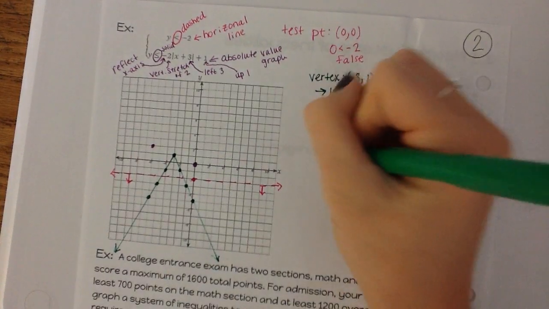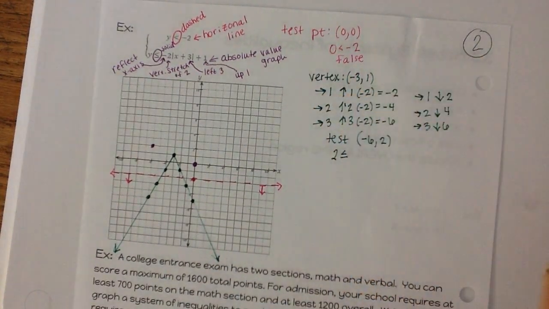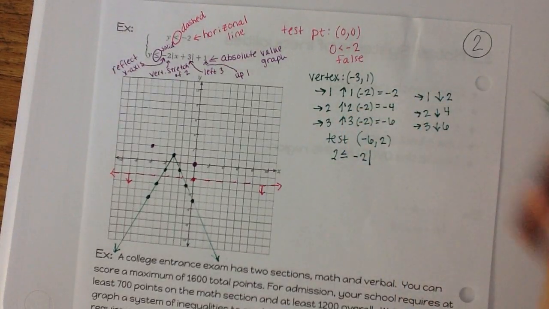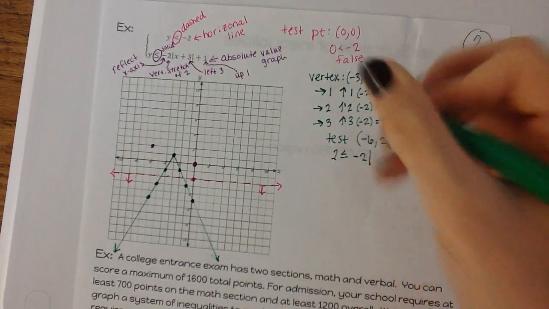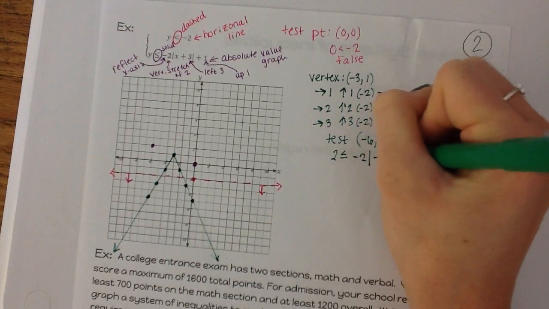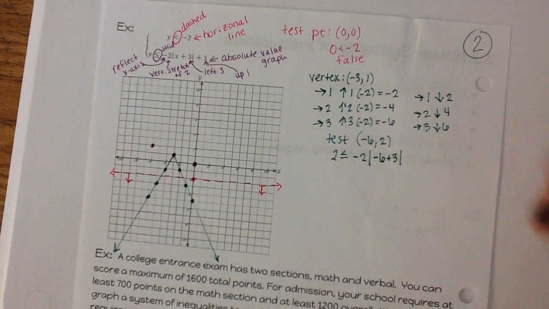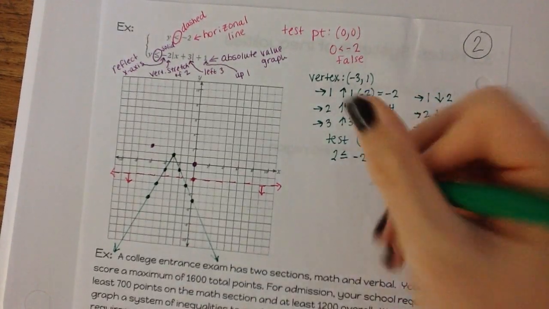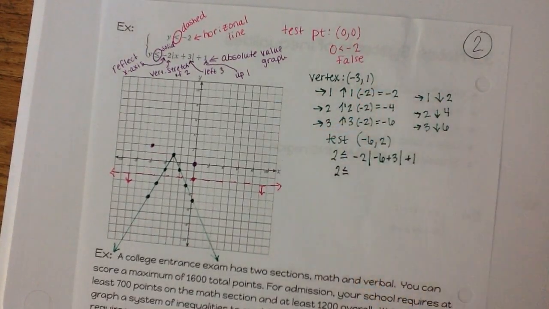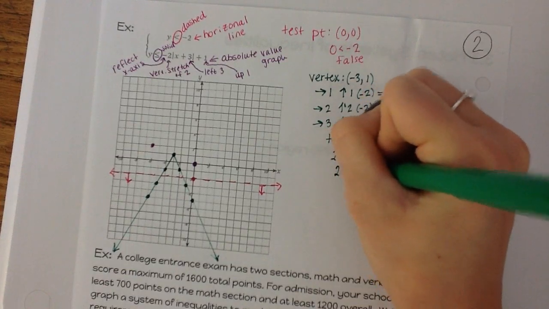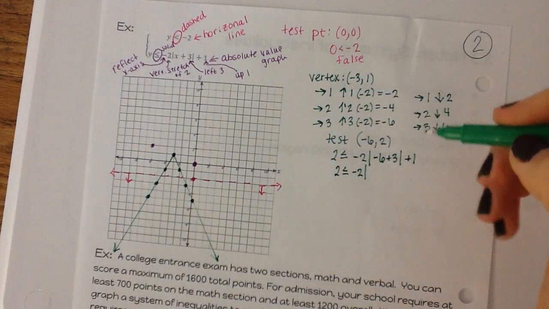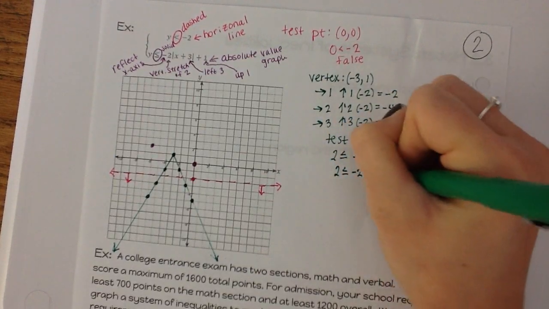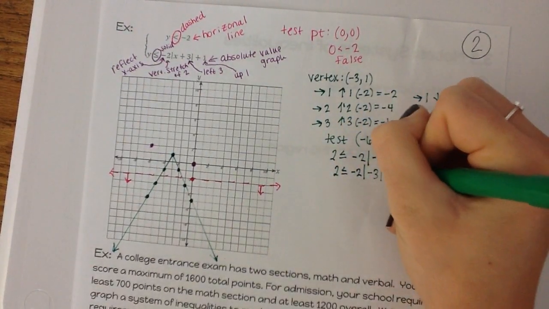Okay, so we have y is less than or equal to. Our y is 2, so we have 2 is less than or equal to negative 2 times the absolute value of x plus 3. Our x is negative 6 plus 3. We still have plus 1. So we have 2 is less than or equal to negative 2 times the absolute value of negative 6 plus 3, which is negative 3, plus 1.